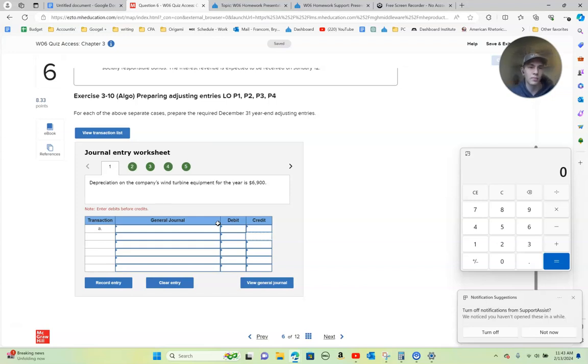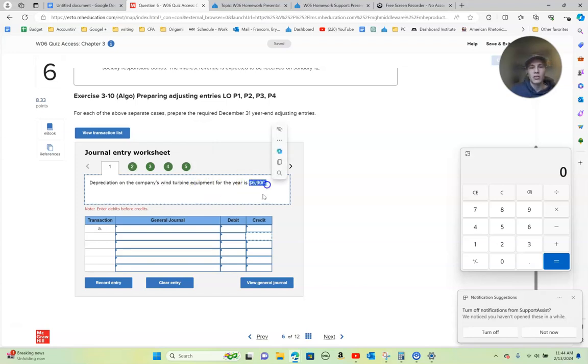So the first question is for depreciation on the company's wind turbine equipment for the year is 6,900. So if we remember right, depreciation is when you buy a piece of equipment like a wind turbine that will lose a bit of its lifespan over the year, and you subtract the use that it's going off of that per year because it's not going to last forever.